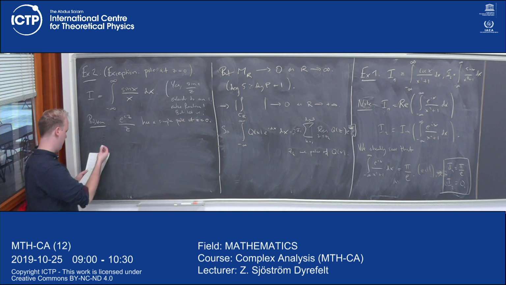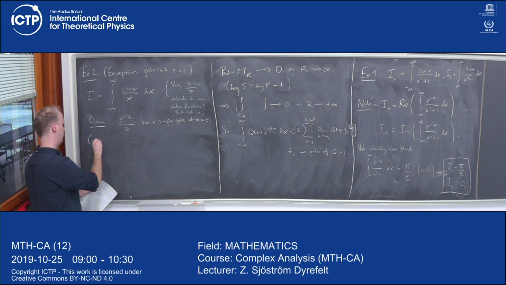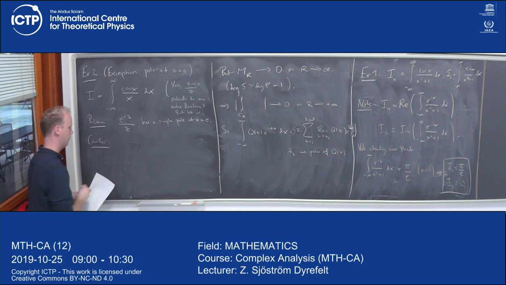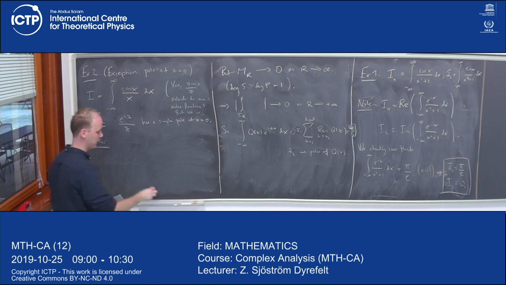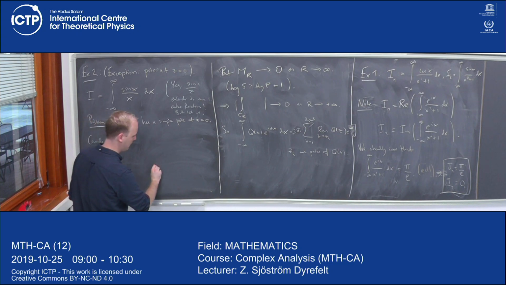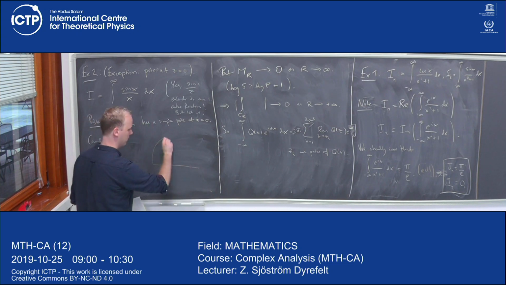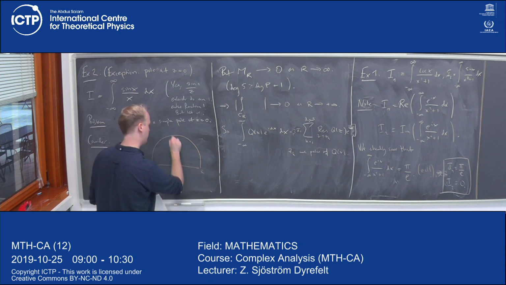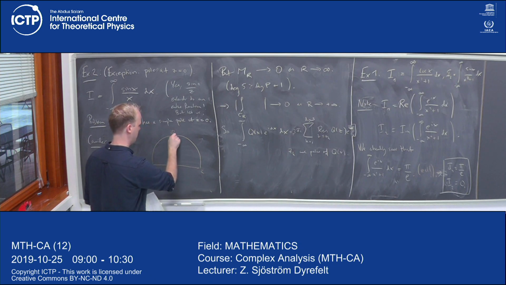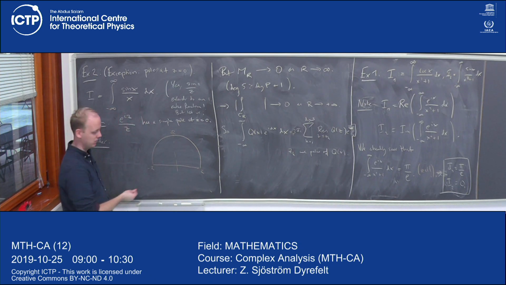So, you consider the following contour. Now the problem is, you would like to take the same thing, but you can't, because if you integrate this function, then you actually have a pole here.